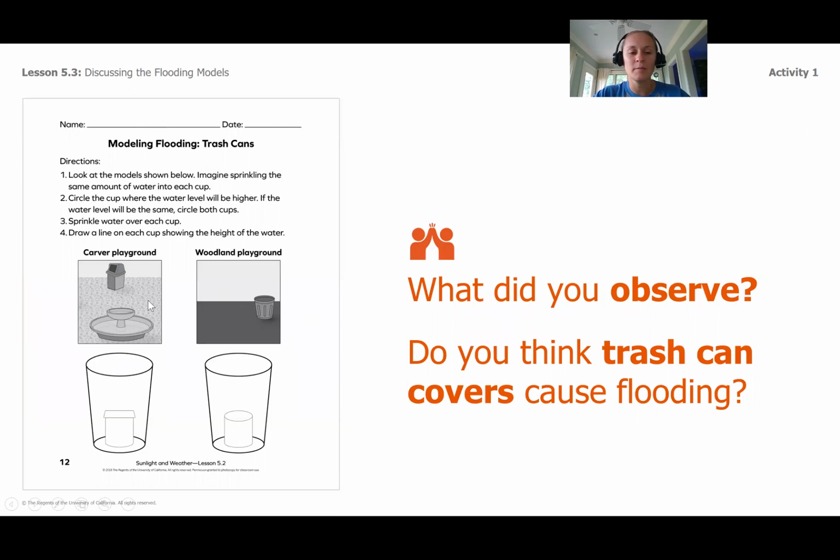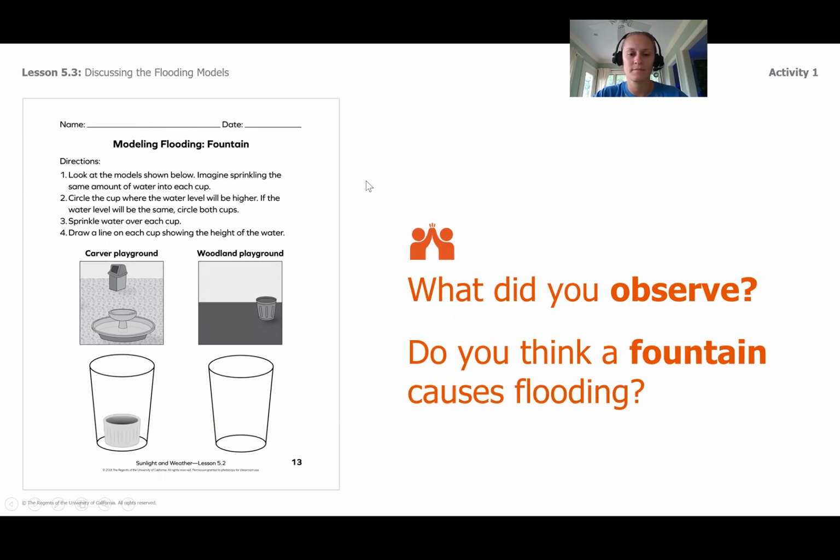Now, let's look at our paper and see, okay? What do you observe? Do you think that trash can covers cause flooding? What about here? What do you observe here? Do you think that the fountain causes flooding?